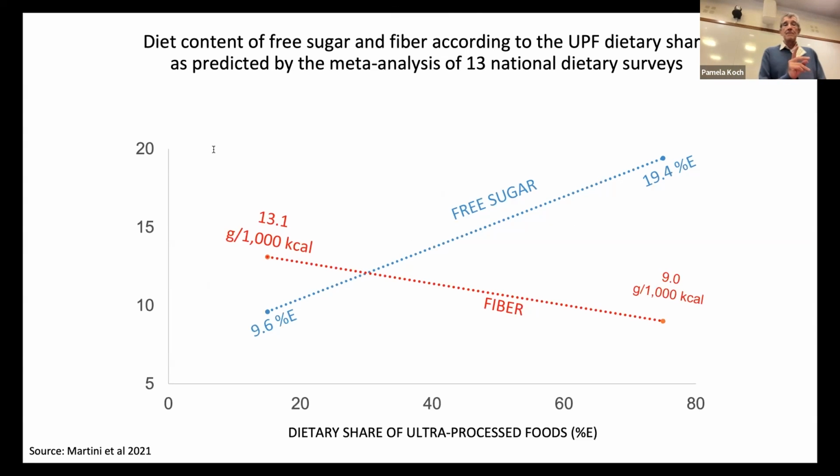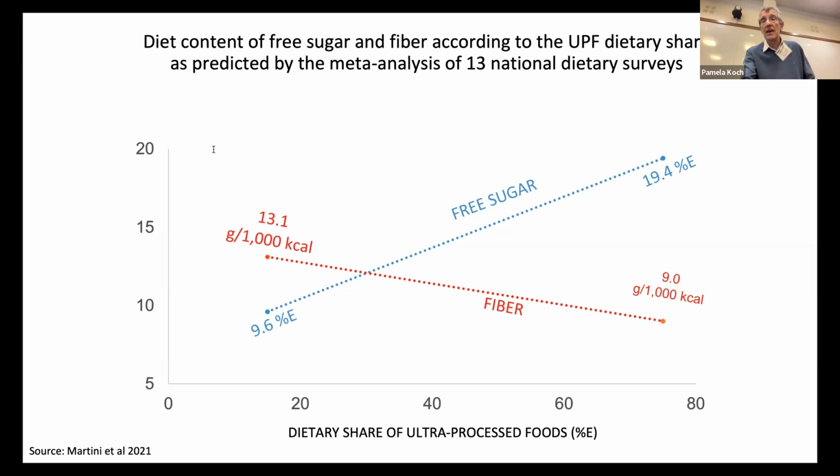But it's not just that. The magnitude of change is very important. I mentioned that it was a meta-analysis. So taking these 13 countries together, the study predicts what the percentage of free sugar in the diet would be if my diet has 15% of ultra-processed foods: 9.6.